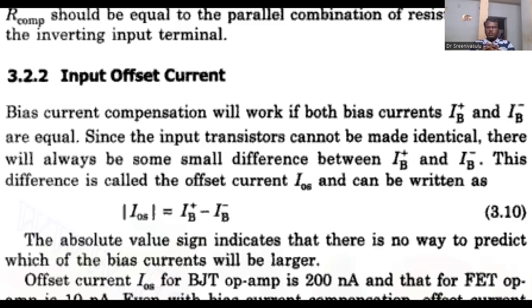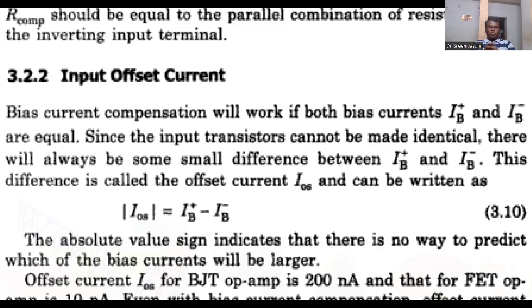Our aim is that these two currents should draw the same current, whatever the current drawn by the transistor at the non-inverting terminal and at the inverting terminal. Then only the difference is 0, but that does not exist in practice.